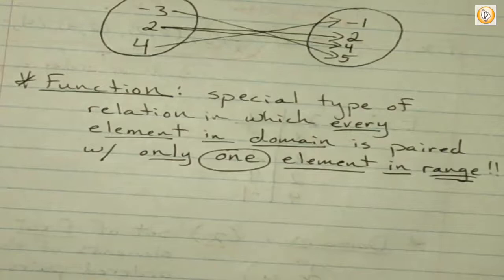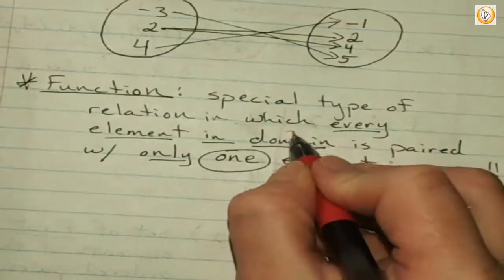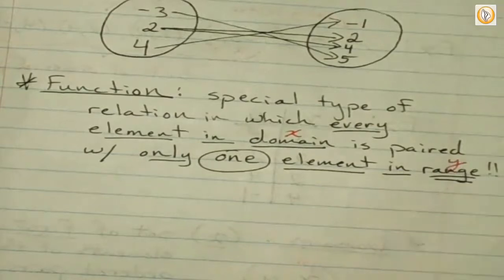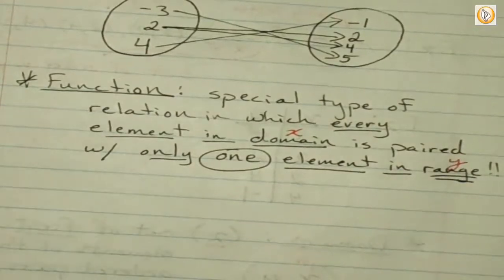So basically, every X is paired with only one Y.